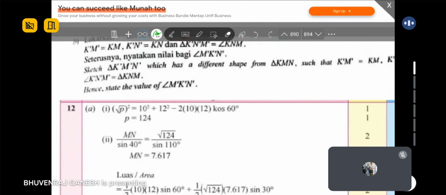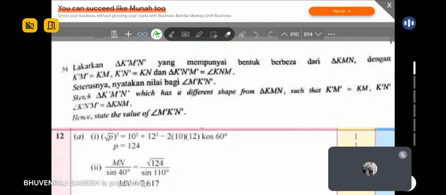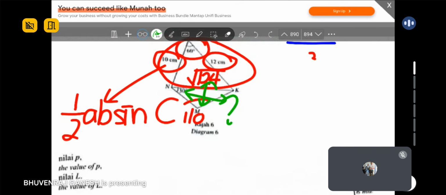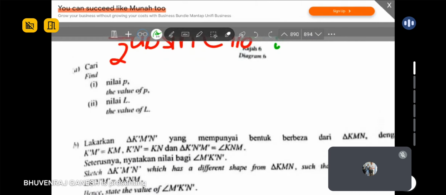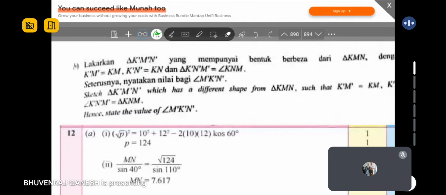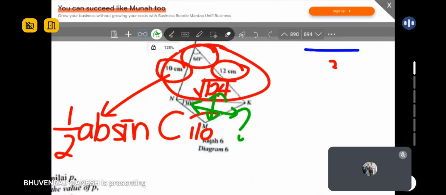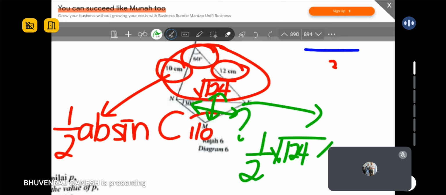So, you will get it like this. Here they find MN. Never mind, it's also fine. You can also find MN guys. For this one I find KM. Okay, that's also fine. Depends which one you want. So here they got MN. Okay, so MN, you can find its value. So you just take half times square root 124 times MN just now, 7.617, times sin 30.